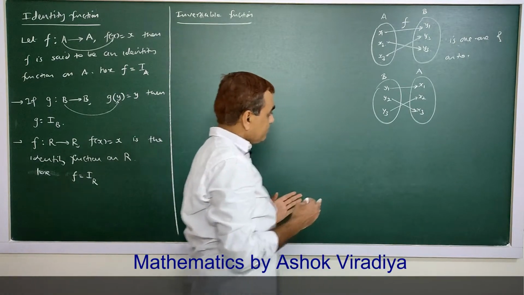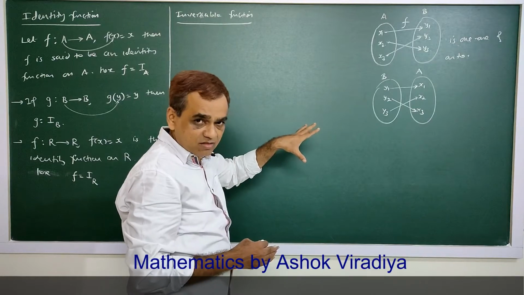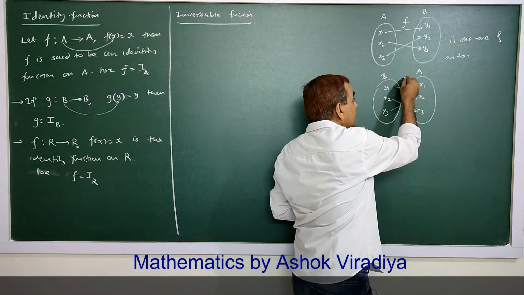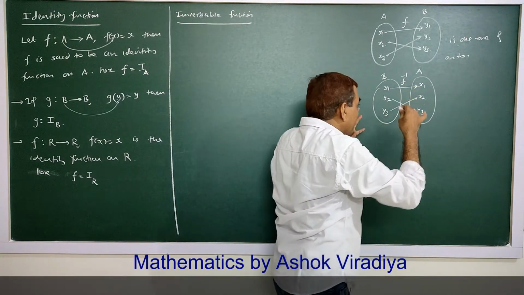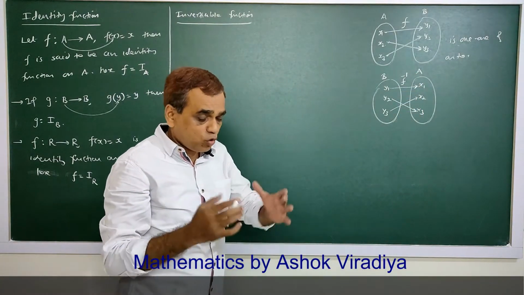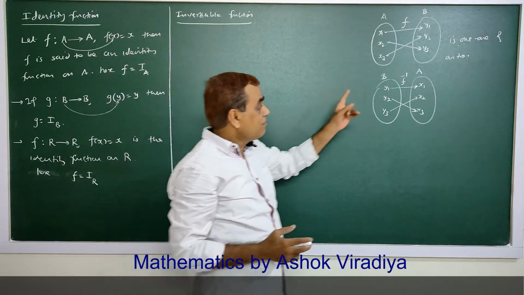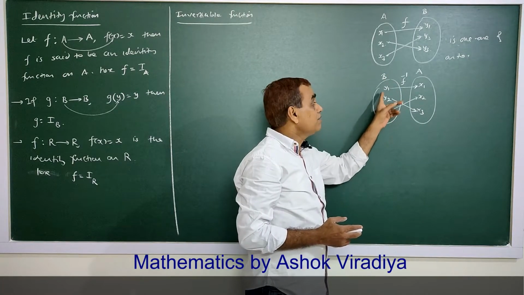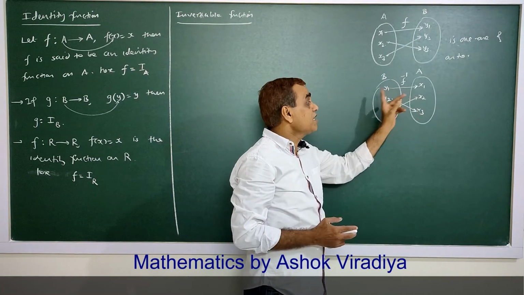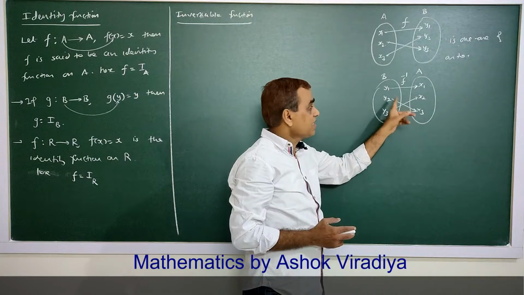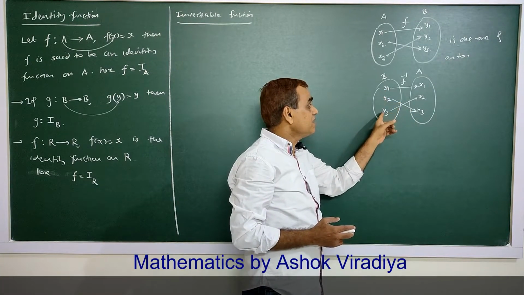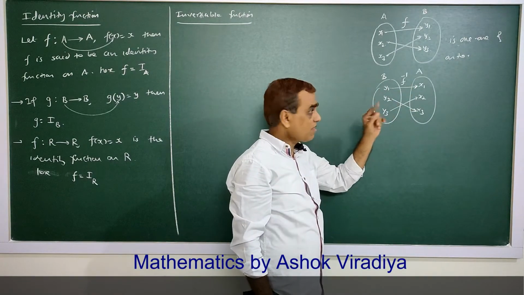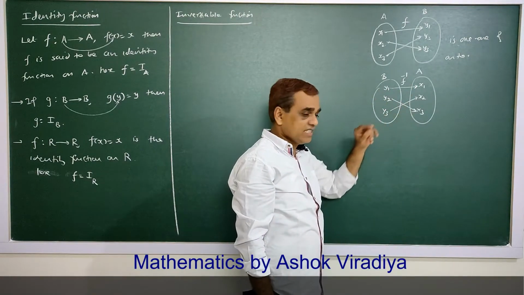Now see, is it a function? To check whether this relation f inverse is a function, what we check? Every element of first set must be associated uniquely. y1 is associated with only x1, y2 is with only x3.